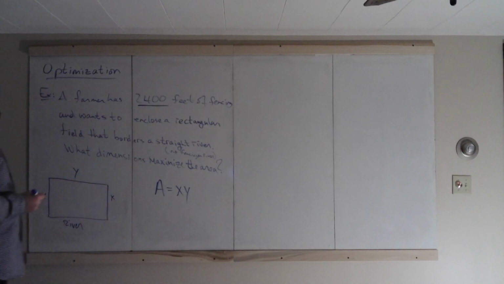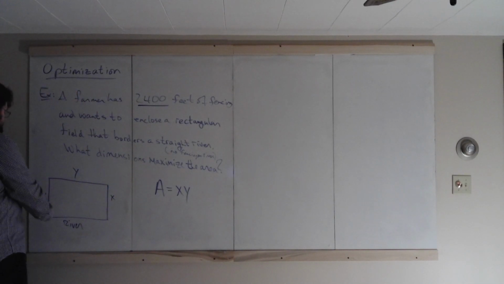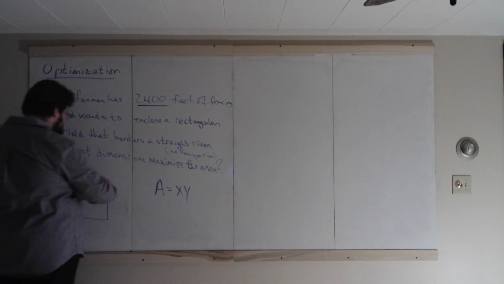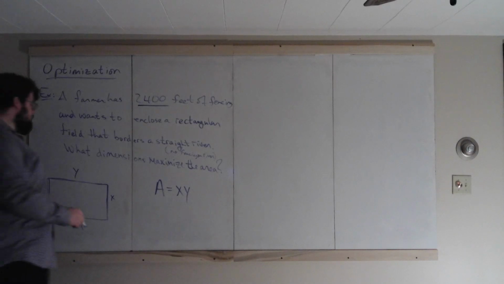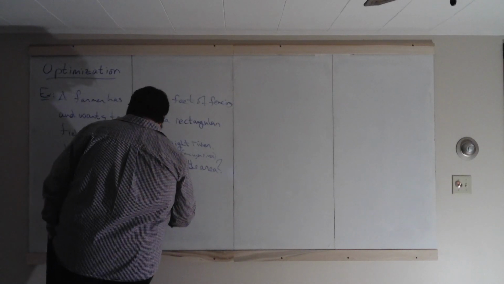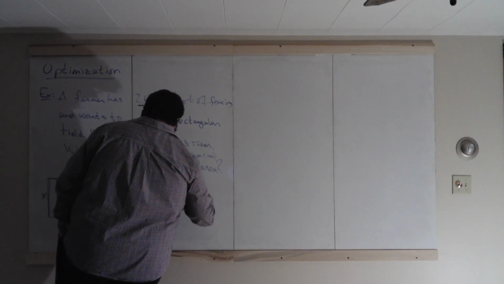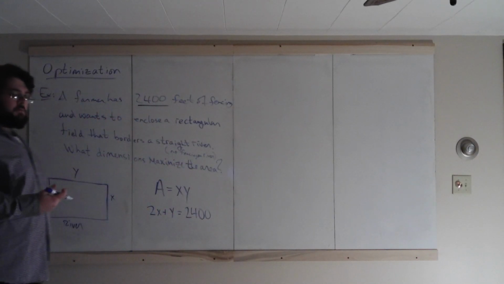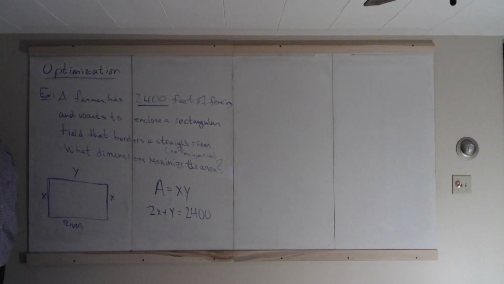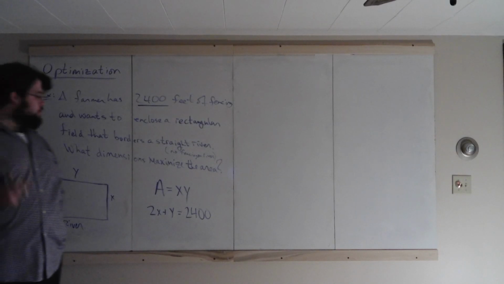Well, 2,400 feet of fencing. So this plus this plus this makes 2,400 feet. So 2x plus y equals 2,400. In many optimization problems, one of the goals is to find two equations.